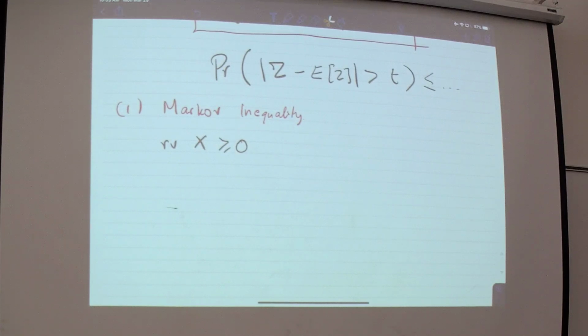If its value can get to 200, then the average will get to some probability times 200. So if the value can get very big, its average also has to get reasonably big. It sort of gets pulled higher and higher as the number gets bigger and bigger. Another way of saying this is that, at least intuitively, it seems reasonable that the likelihood of getting too far away from the mean should be small. And you can formalize this by saying something like this.